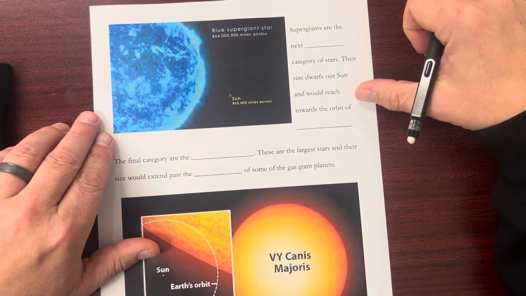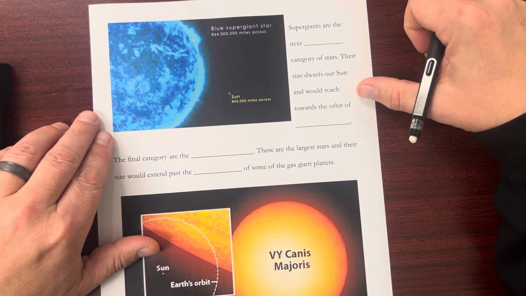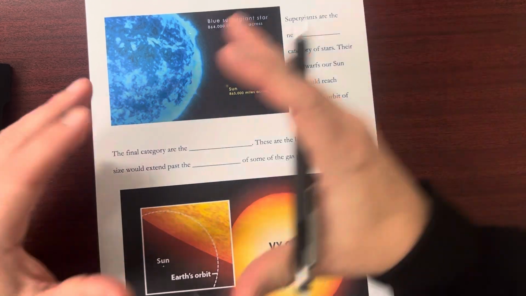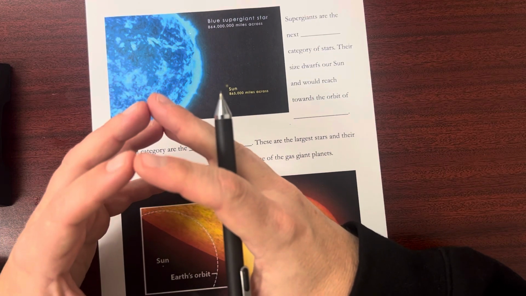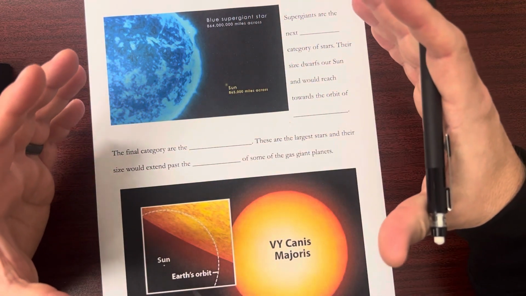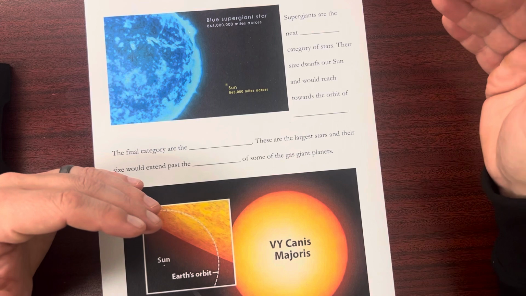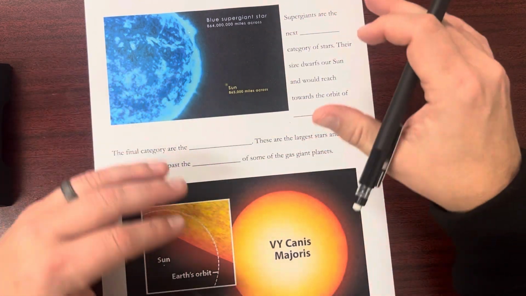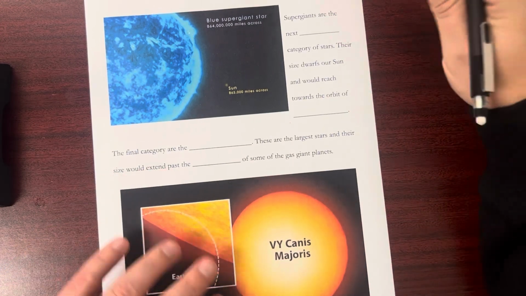Their size dwarfs our sun and would reach towards the orbit of Jupiter. That's hard to imagine. A star that would expand past the orbit of Jupiter. Jupiter is very far away from our sun. So a star that big that would take up most of our solar system is pretty hard to imagine.